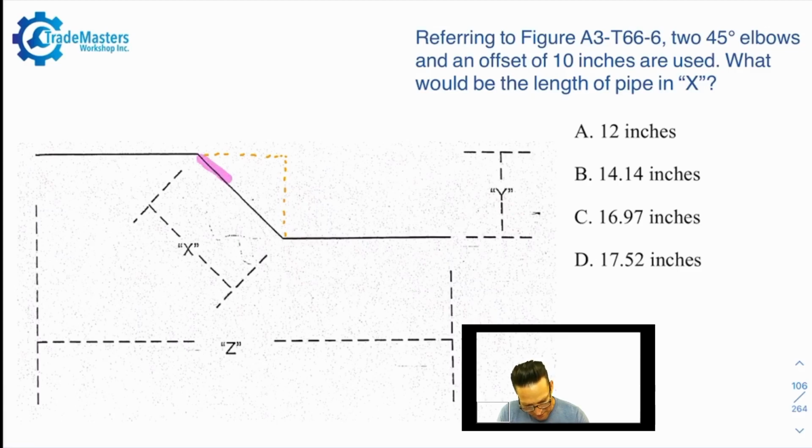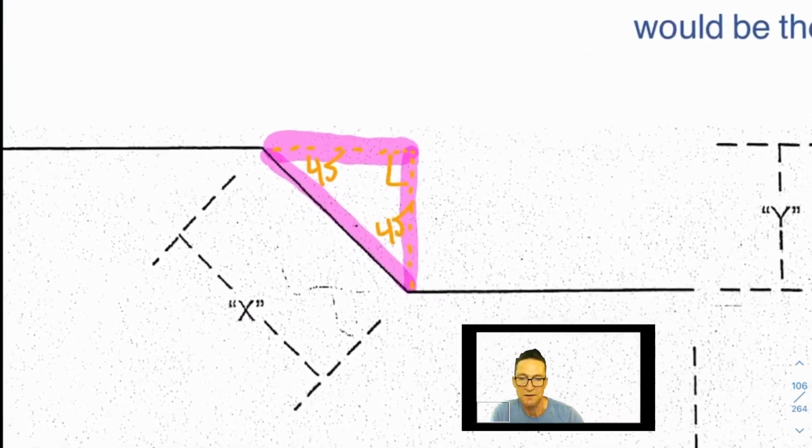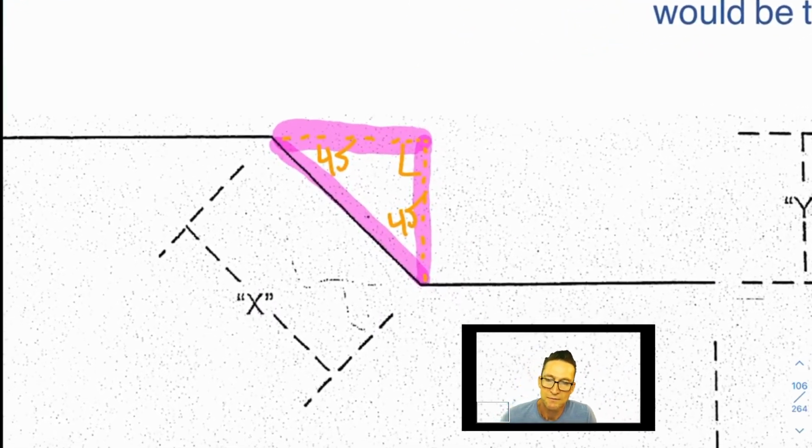Let's highlight it. Right there. And that triangle has a right angle, right? And has a 45-degree angle here and a 45-degree angle here. I can make this a little bit bigger if you like. And we already know that this side here is 10 inches.